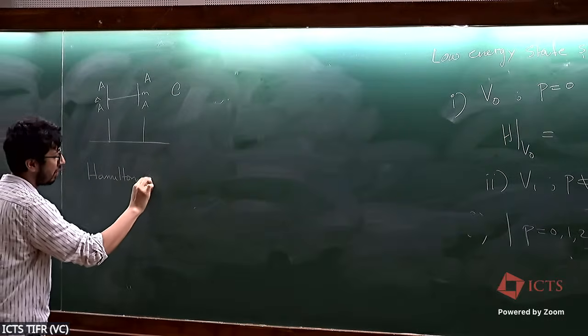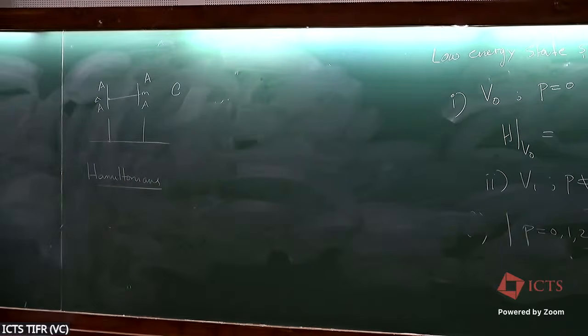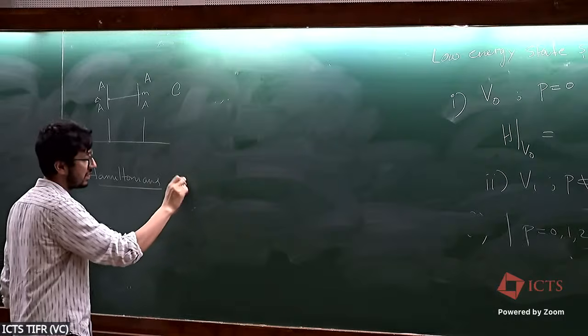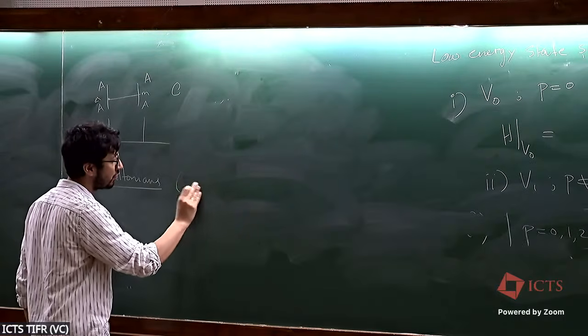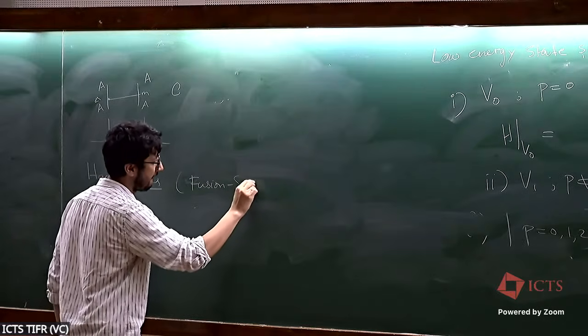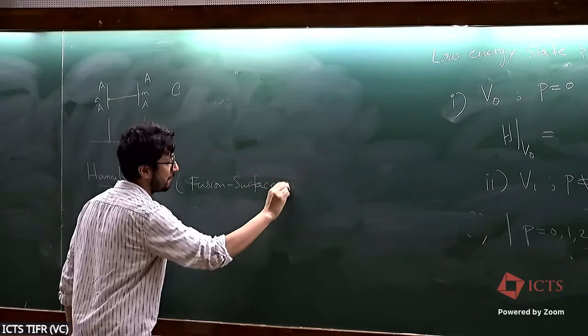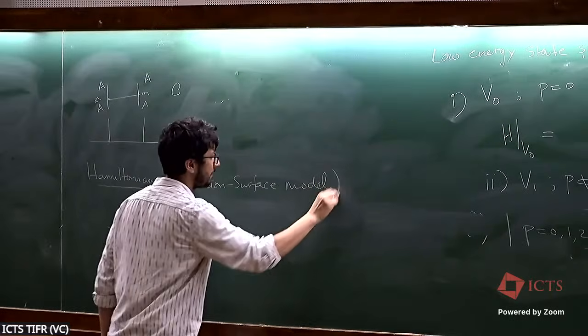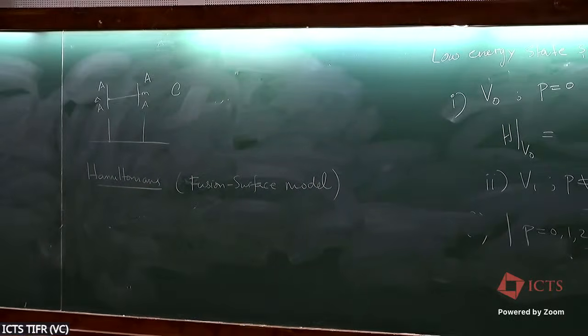It turns out that the models that I was describing so far can be formulated as something called a fusion surface model, which was introduced in this paper by Inamura and Ohmori. And I should say most of what I discussed today is in this paper.